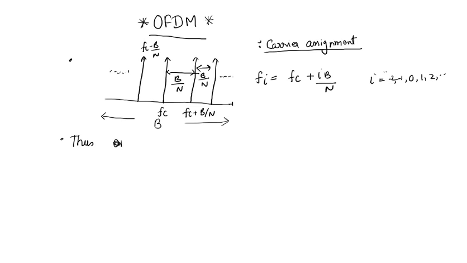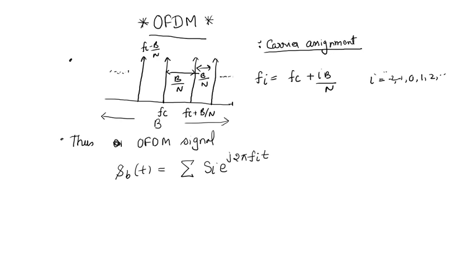Thus our multi-carrier signal or OFDM signal becomes the baseband of the OFDM signal. If you remember, the baseband part can be written as S_i, the complex coefficients, e to the power j 2 pi f_i t.